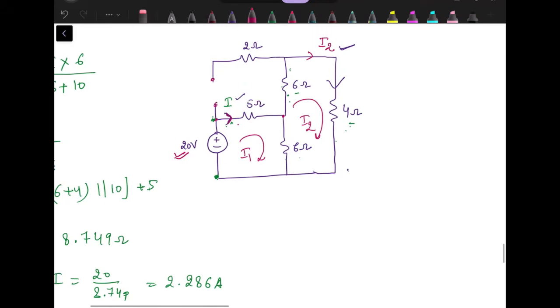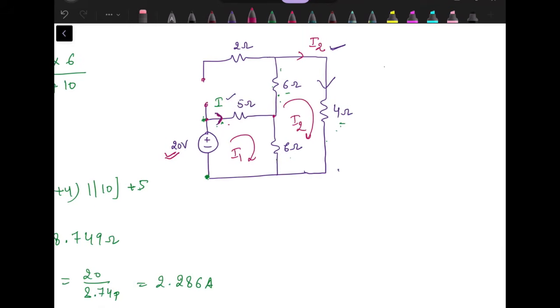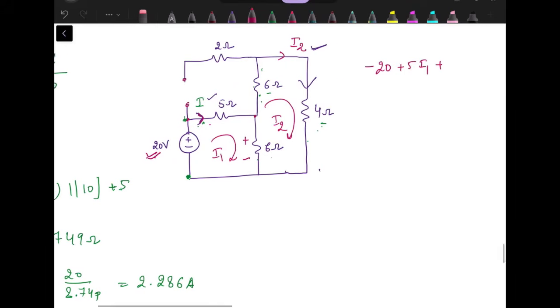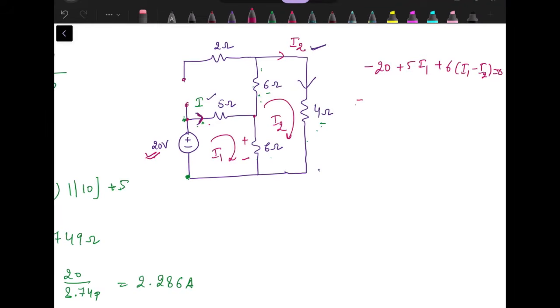So we'll have the first mesh equation: minus 20, as the negative sign came first, plus 5 into I1 plus 6 into I1 minus I2 equal to 0. So our first equation will be 11I1 minus 6I2 equal to 20. This will be our first equation. Then the mesh 2 equation.